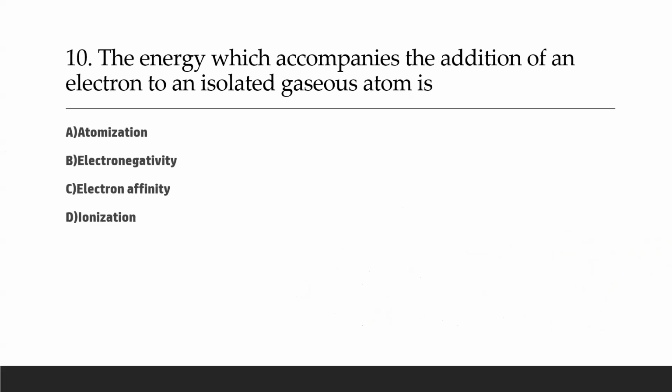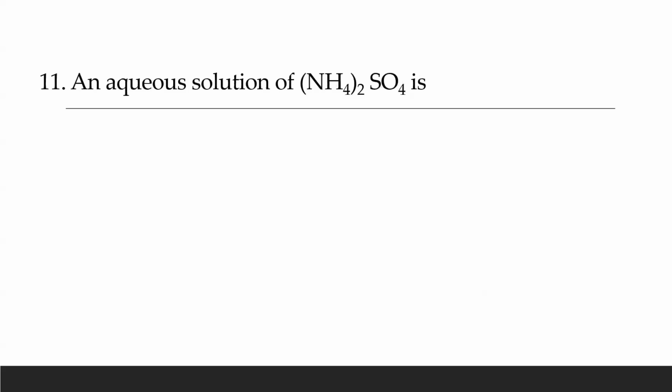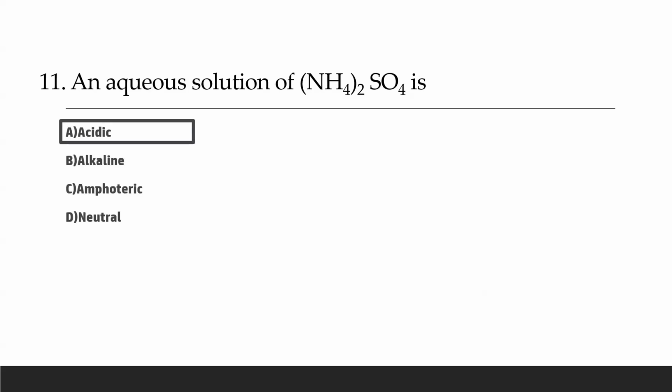So the answer is electron affinity, the ability of an element to attach electrons from an isolated gaseous atom. Then an aqueous solution of ammonium sulfate is A, acidic, B, alkaline, C, amphoteric, D, neutral. The answer is acidic.